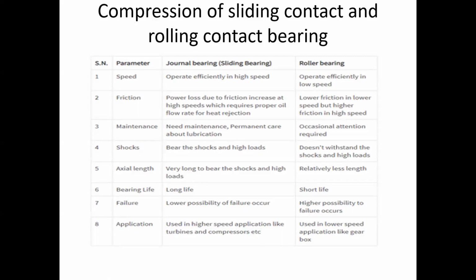After completion of that many revolutions, we change the bearing. Failure: lower possibility of failure occurs in sliding bearings. In case of roller bearing, higher possibility of failure occurs. Application: sliding bearings are used in higher speed applications like turbines and compressors, roller bearings in lower speed applications like gearboxes, automobiles, etc.